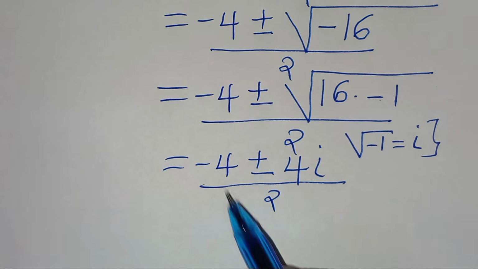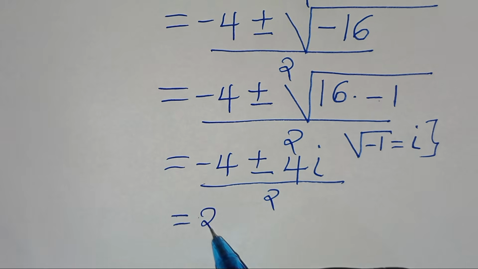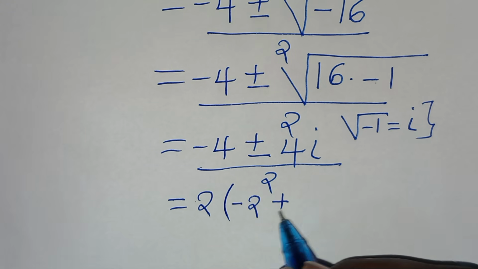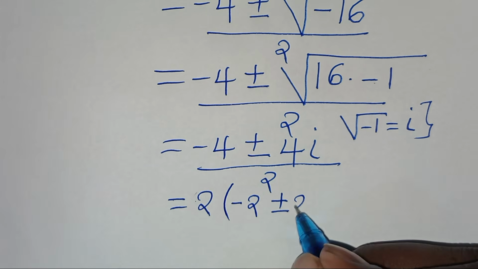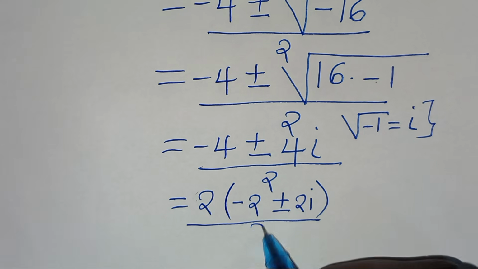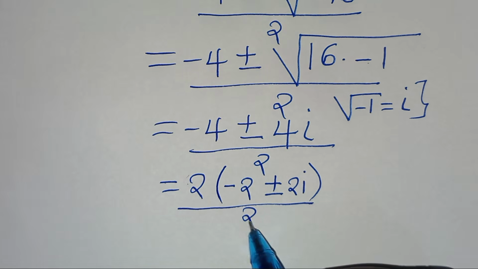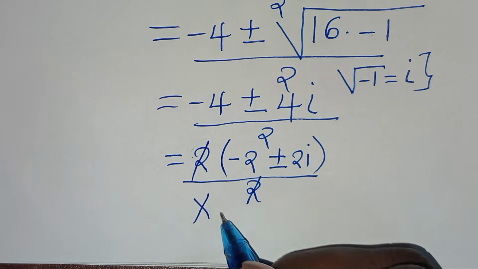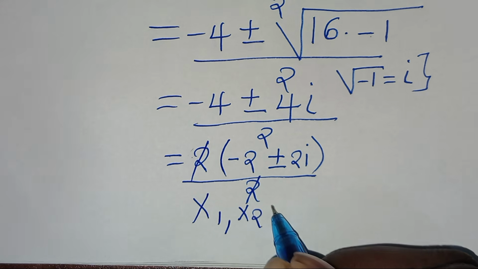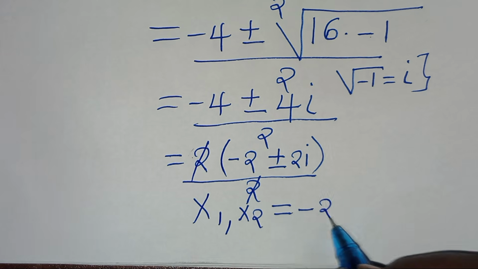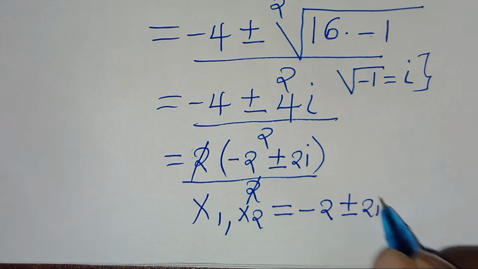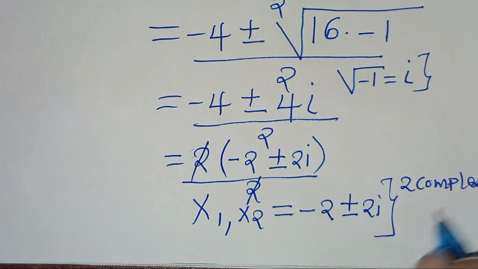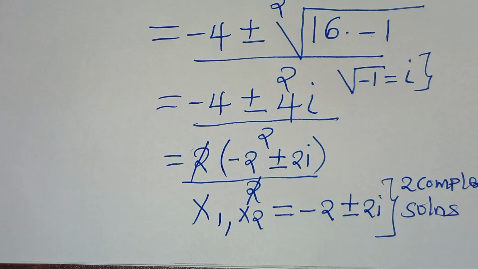In the numerator, 2 is common, so we can factor out 2: -4 divided by 2 is -2, plus or minus 4i divided by 2 is 2i, then divided by 2. Simplifying the 2 and 2, x1, x2 equals -2 plus or minus 2i. So we have two complex solutions under case 1.